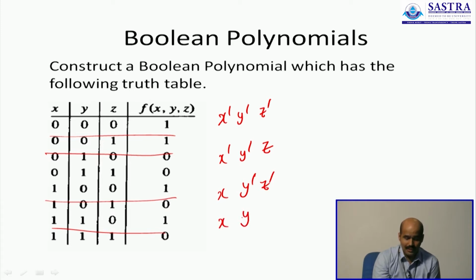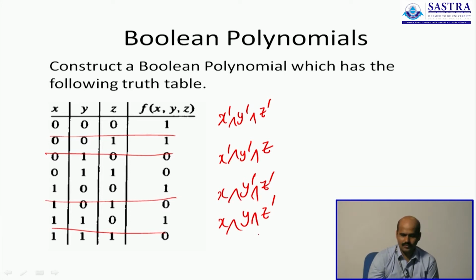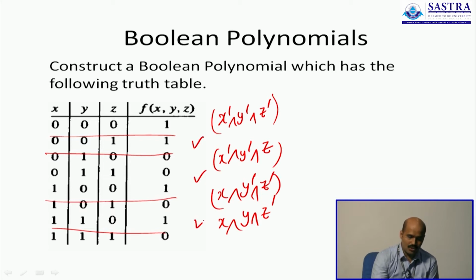X and y are as they are but not z. So once you write these down, you can easily write down the polynomial out of this. You'll have these as the answers, and you will have to add all of them using the disjunction property. That's what we have.